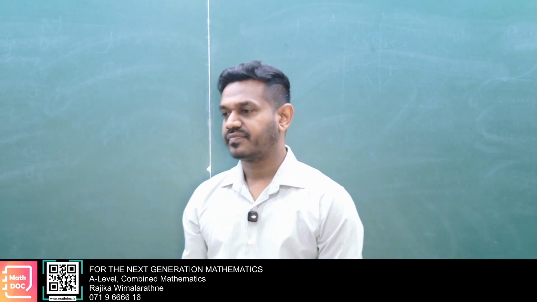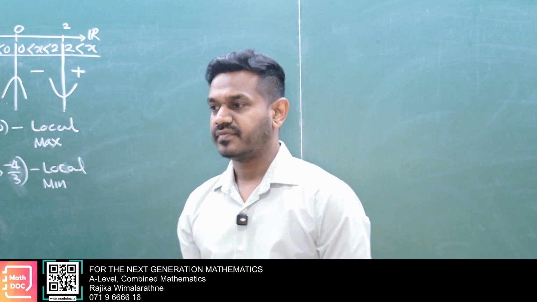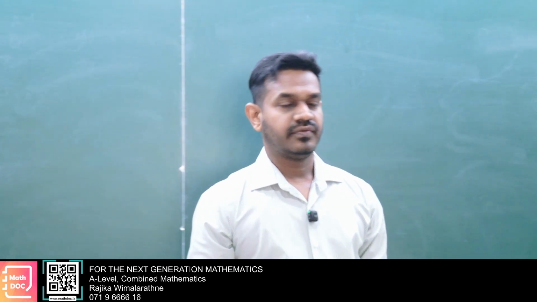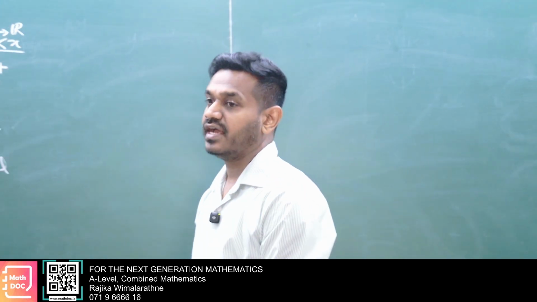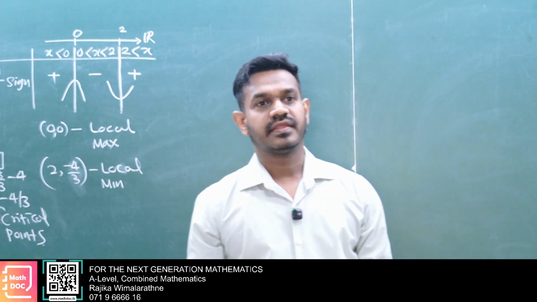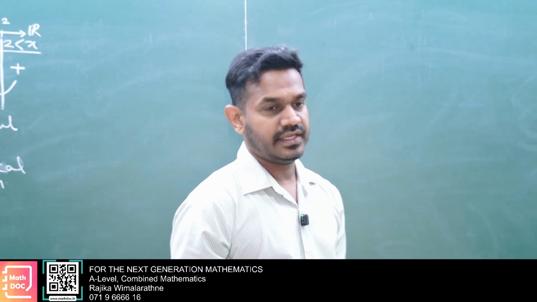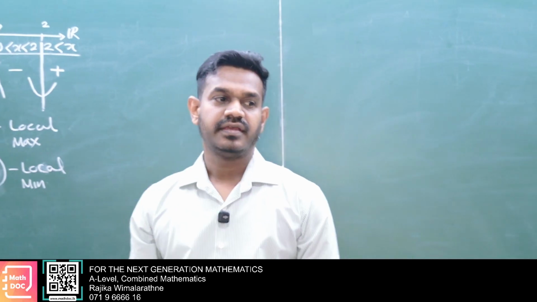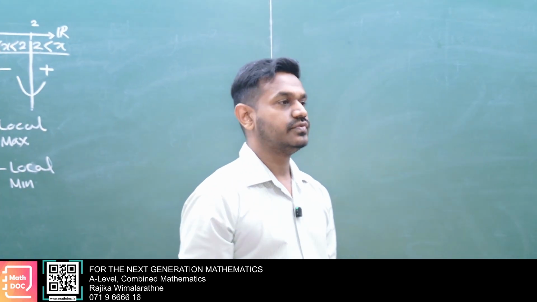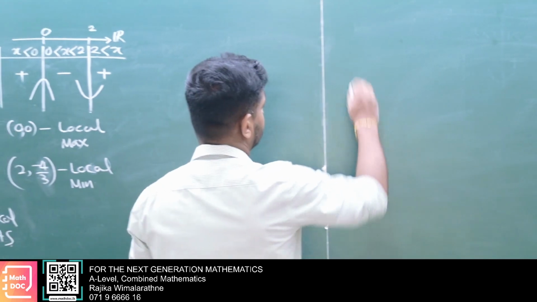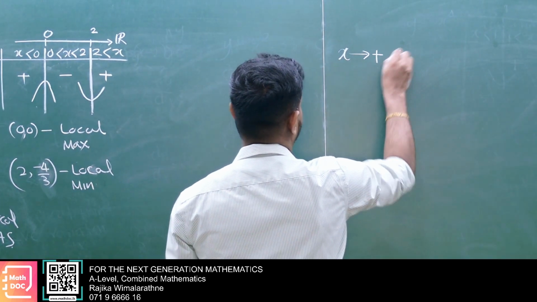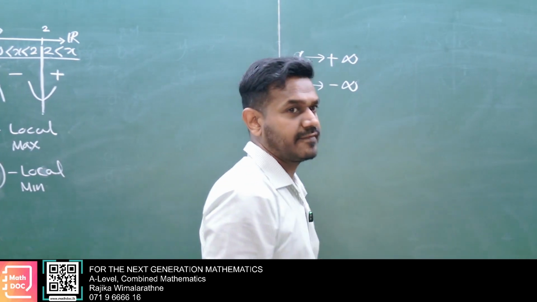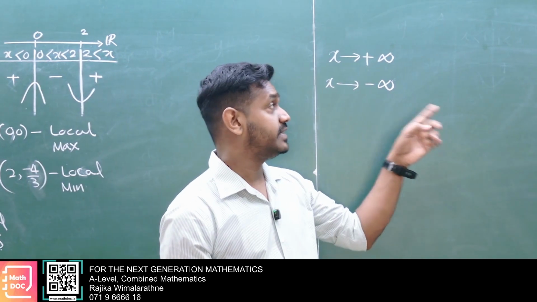Next, star mark again. Further, we need to analyze the variation of y as x tends to plus infinity and x tends to minus infinity.